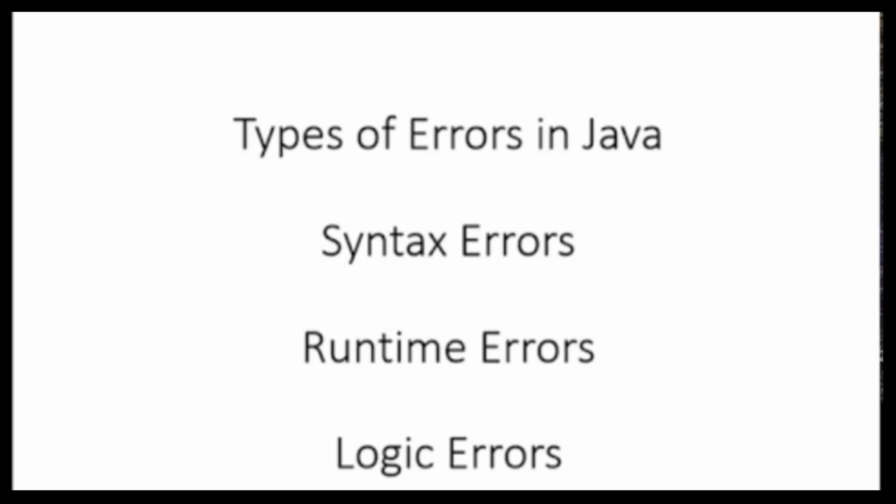Now the second kind of error is the runtime error. If a program is free of syntax errors, it will be successfully compiled. So after the syntax error, the next error is the runtime error.